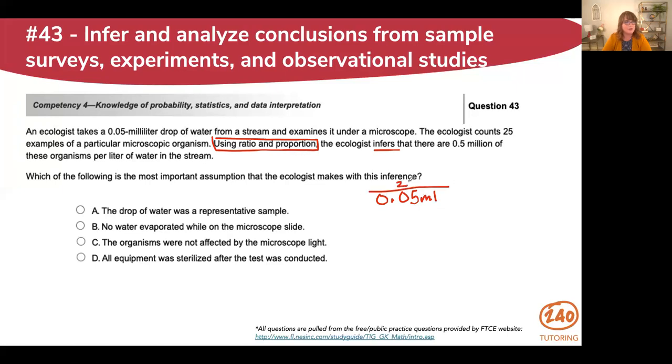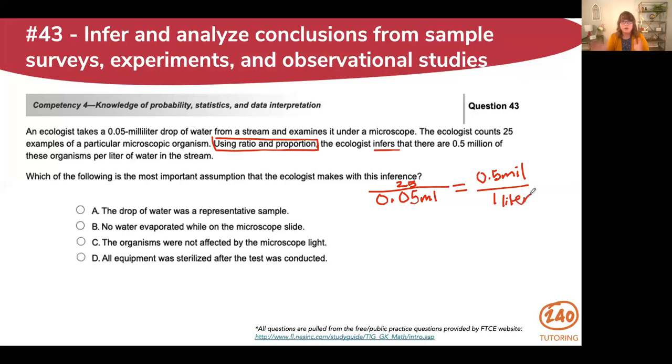I should have left myself a little more space. And we said that equals now 0.5 million, so he went a lot larger here, in 1 liter. I'm going to write that out because it's a little deceiving here, in 1 liter.